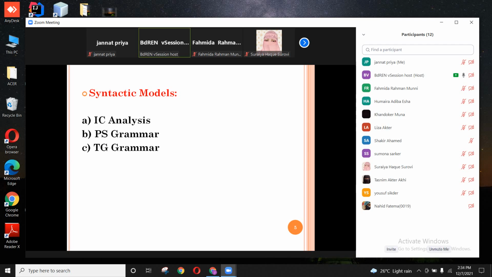As you can see, a sentence consists of different elements. And in order to analyze and identify those constituents, there have been different syntactic models. And the prominent syntactic models in linguistics are IC analysis. IC means immediate constituents analysis.